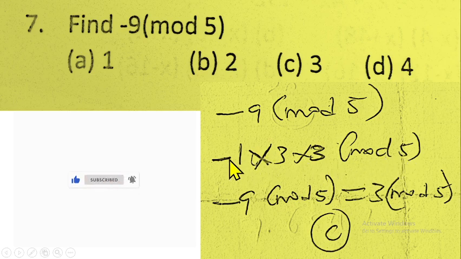So minus 1 times 3 times 3 will give us minus 9. So therefore this 3 here is the same thing as minus 9. That means minus 9 mod 5 equals 3 mod 5 as well. So option C is the correct option here.